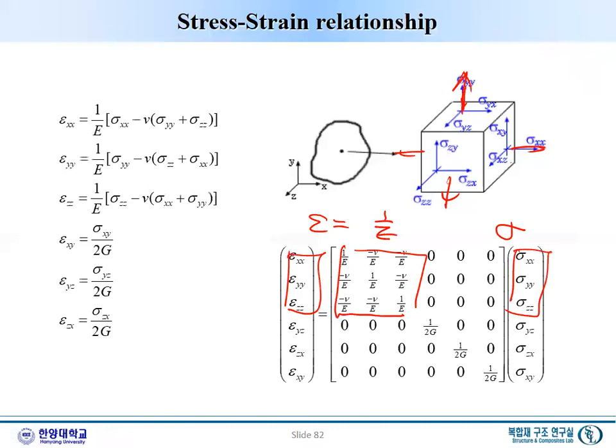It is called superposition. You know what superposition is? You add them: the effect due to sigma x, the effect due to sigma y, and so on. It's just linearly superposed. But conceptually it's very important, and very similar to the 1D version.